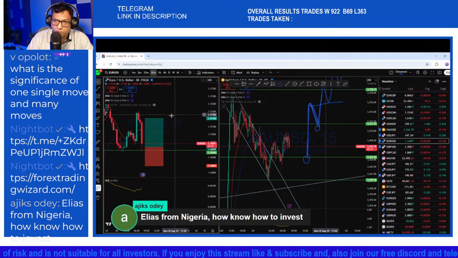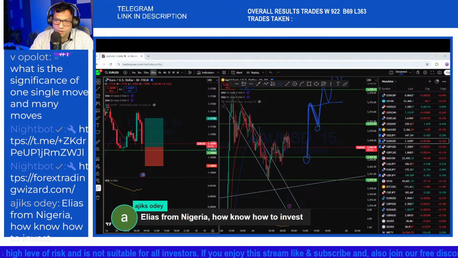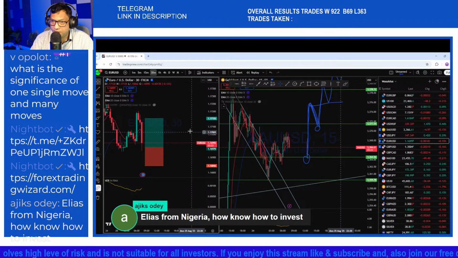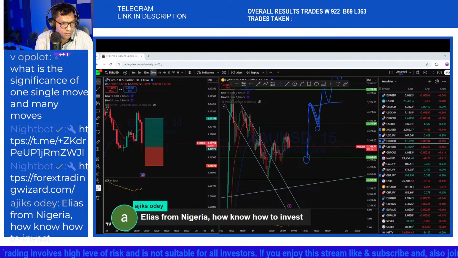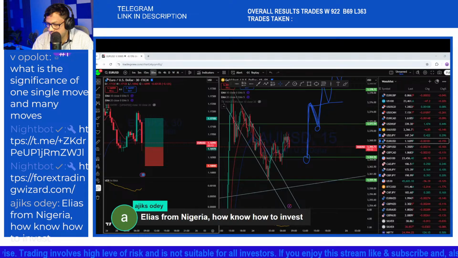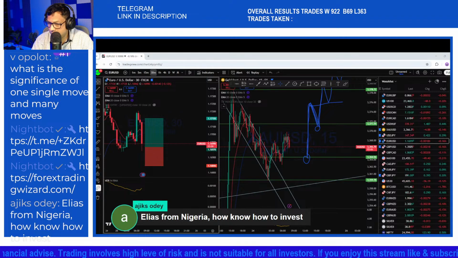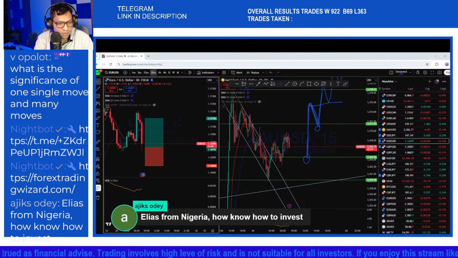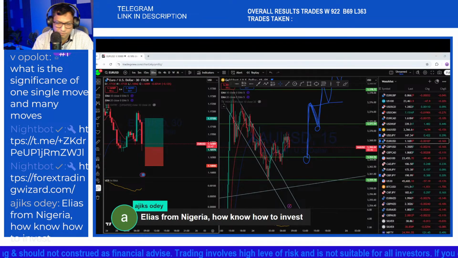With a 12 pip stop loss, TP target to that level on euro dollar, and the entry by market, stop loss at 1.1684. Only a 12 pip stop loss here.